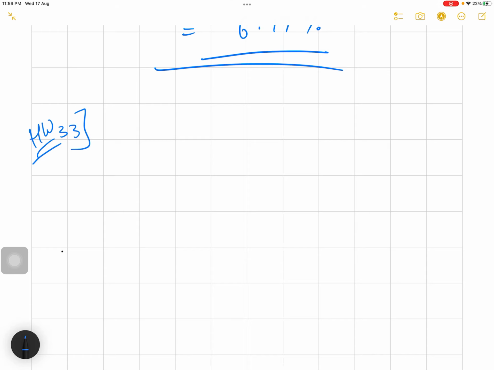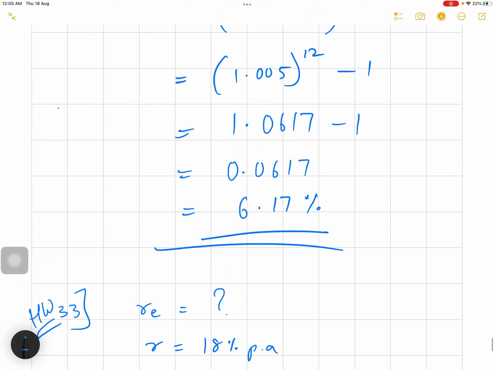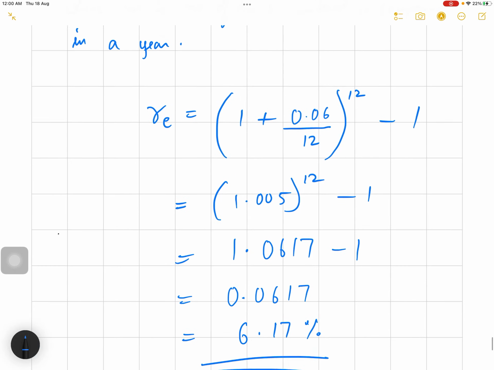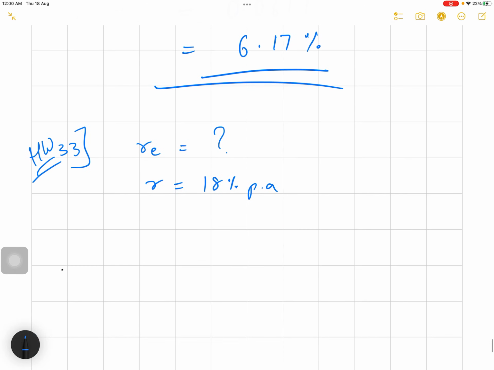So find the effective rate of interest. You are supposed to find RE. R is 18% per annum and it is compounded quarterly, so that means M is 4.